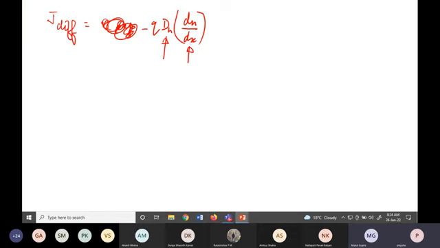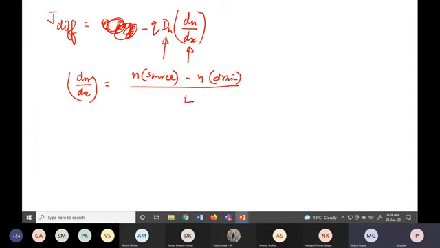We can find out dn over dx by finding the carrier concentration at the source and at the drain, divided by L, the channel length. Now what is the carrier concentration at the source side?